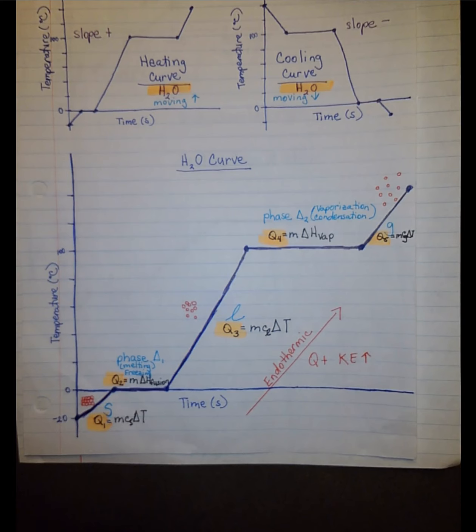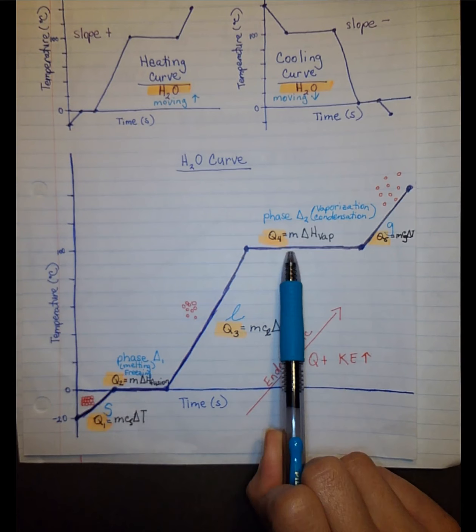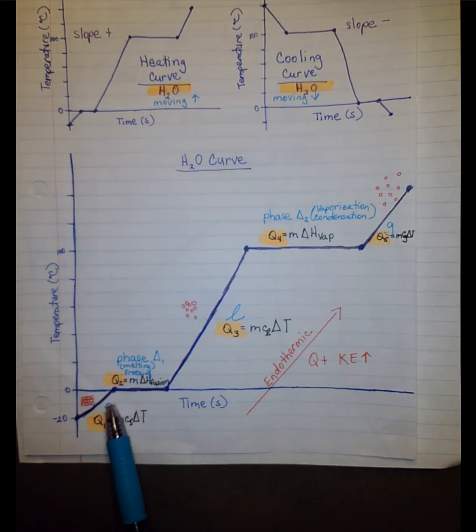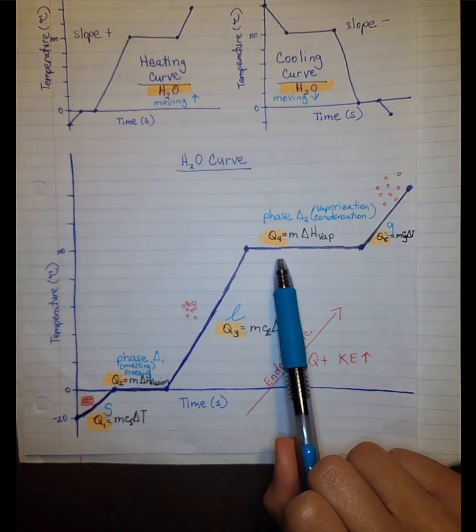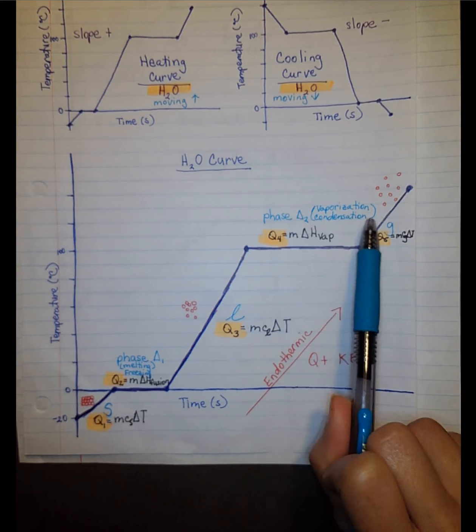Now, if you look at this, you can tell the substance that is being discussed in a heating or cooling curve. The areas that you need to look at to identify the substance are right here, the first phase change, and then the second phase change. The first phase change, we call this the freezing point, and the second phase change, we call this the boiling point.